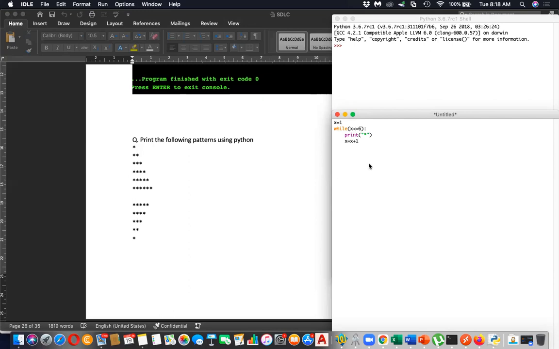X will be adding one by one until 6. And what will be printed? It will print asterisks, stars. How many times? 1, 2, 3, 4, 5, 6, so 6 times. That's what you have to understand when you run this.